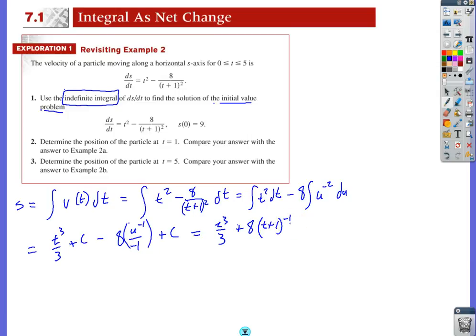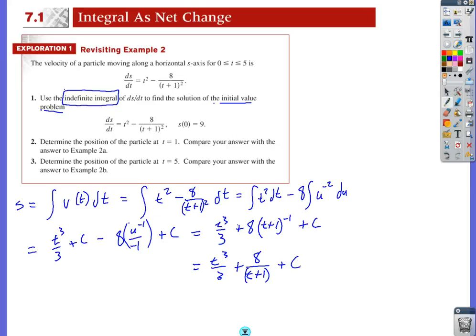Now my two c's, again, they're just numbers, so I'm going to make them one big giant plus c. And I can go ahead and simplify it just a little bit more. 8 over t plus 1 plus a c. Great.